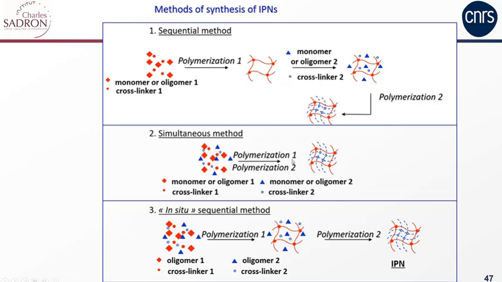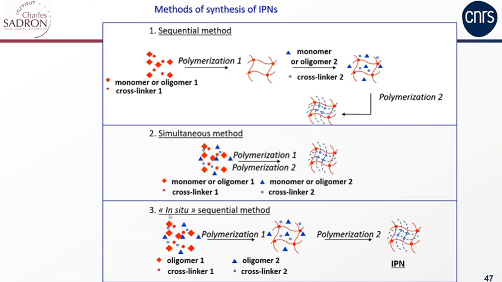So this is particularly interesting if you have two different polymerization mechanisms, of course. You cannot apply this method if polymerization 1 and polymerization 2 have the same mechanism, because otherwise they will interfere. So you need to have totally different mechanisms.